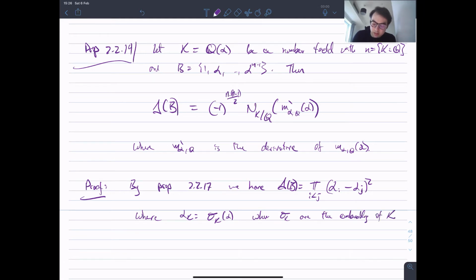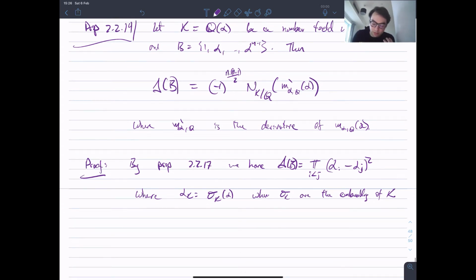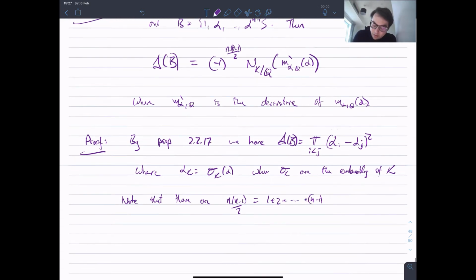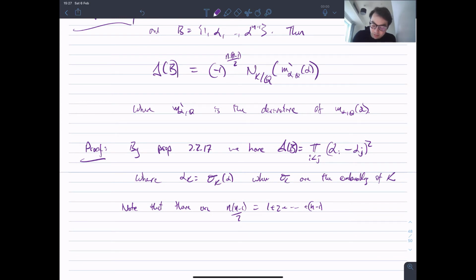Okay, so I look at the image of alpha under the nth embedding. I call that alpha n. So now, how many terms are in this product? So note that there are n times n minus 1 over 2 terms, which equals, if you think about this, 1 plus 2 plus up to n minus 1. If you think of how many, if you fix a j, how many choices for i you have, and so on. So you have this many terms in this product.